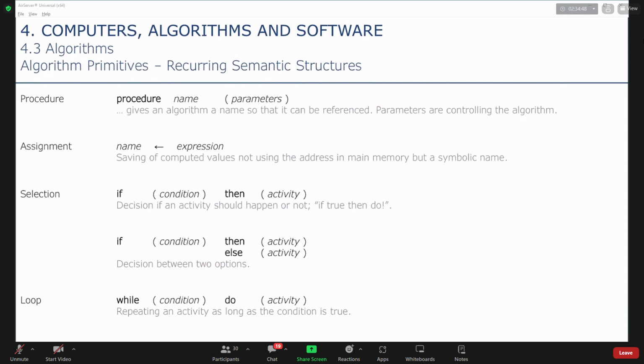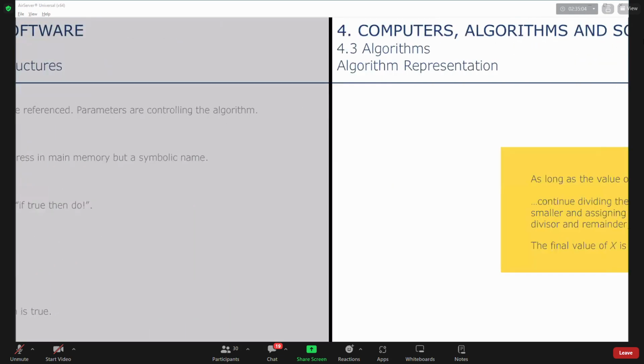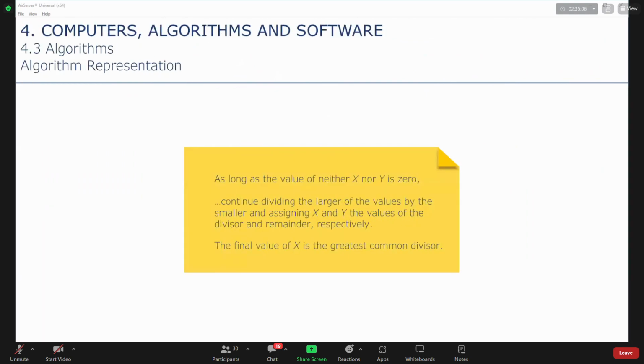And then with this pseudocode, a programmer, so a craftsman, can build the function in a certain programming language out of it. But here you're still developing the algorithm. You're not programming here.